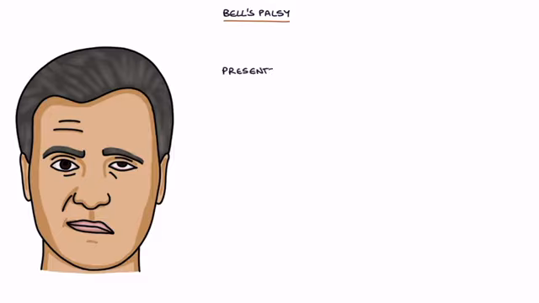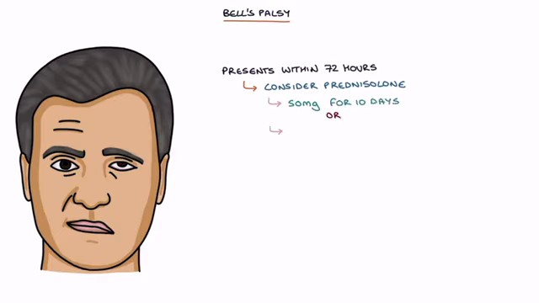If a patient presents with a Bell's palsy within 72 hours of the symptoms developing, the NICE Clinical Knowledge Summaries updated in 2023 recommend considering prednisolone as a treatment, either 50 mg for 10 days or 60 mg for 5 days, followed by a 5-day reducing regime, dropping the dose by 10 mg per day.